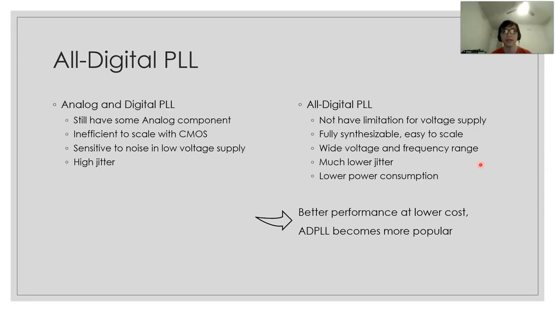That's why it is fully synthesizable and easy to scale as CMOS technology reduces dimensions. It also features a wide voltage range and frequency range to be captured and synthesized, the output signal experiences much lower jitter, and the whole block consumes less power.